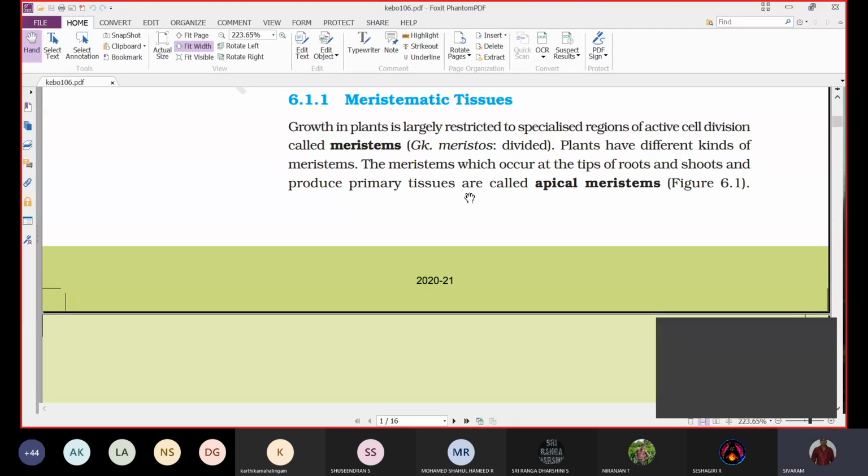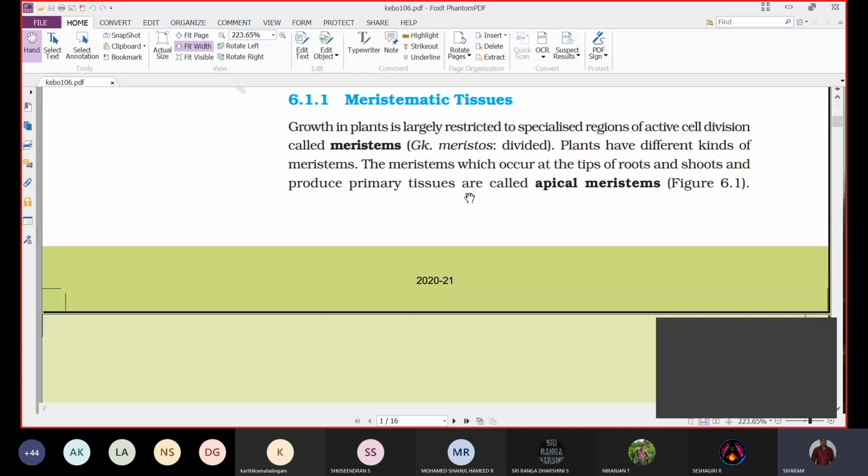While discussing the root, at the tip of the root we'll find the root cap. Just a few millimeters below the root cap we'll find a zone, the meristematic zone.